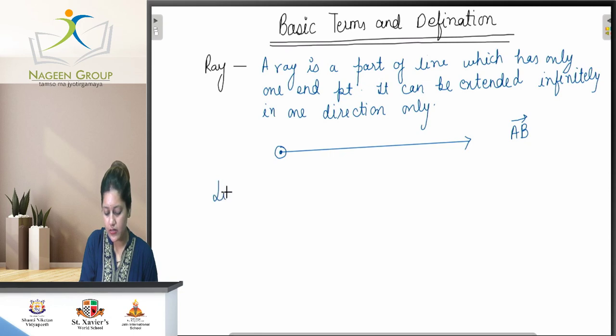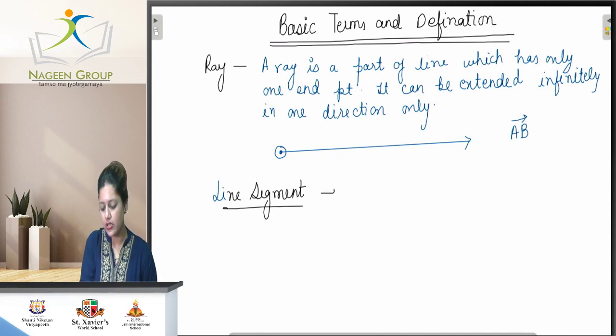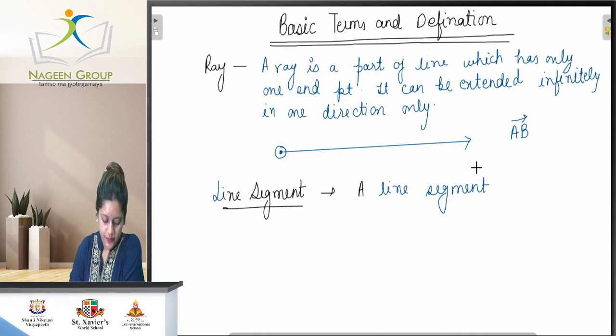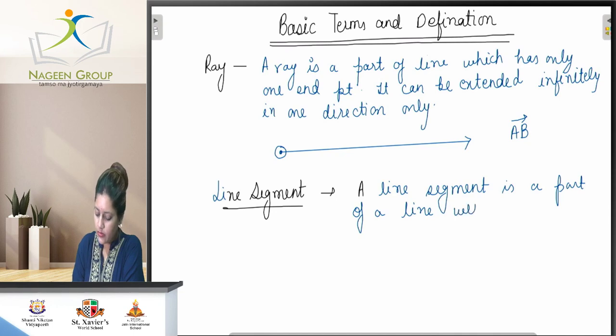The second one is the line segment. What is a line segment? These are very important but basic terms of the chapter. A line segment is a part of a line with both ends fixed.